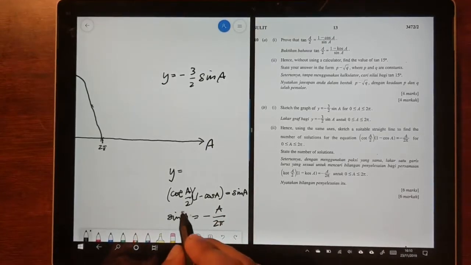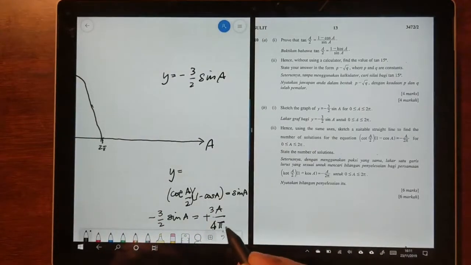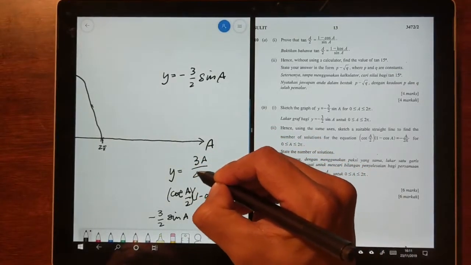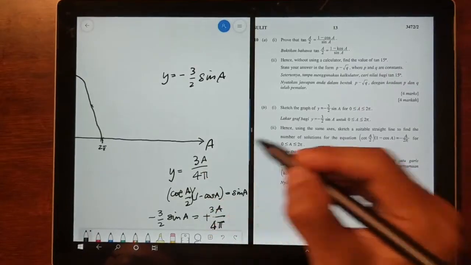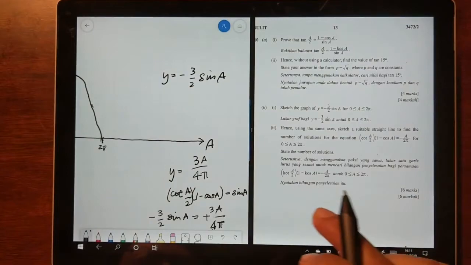Now we don't have this graph, but we do have another graph. We have this graph. We simply need to plot this graph, which is y equals 3A over 4 pi.